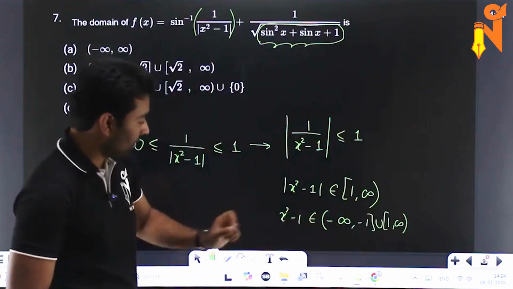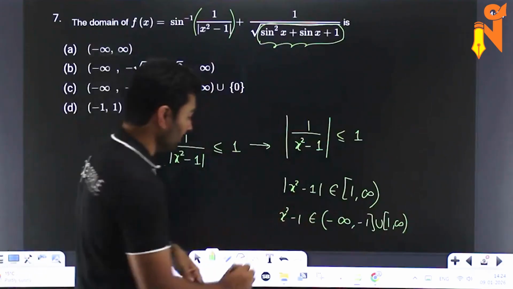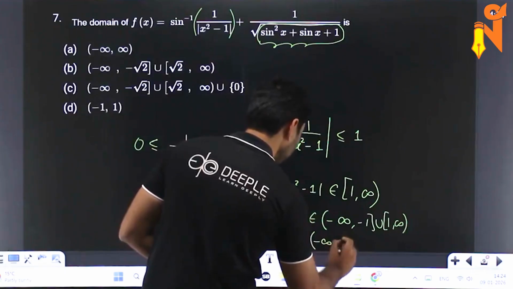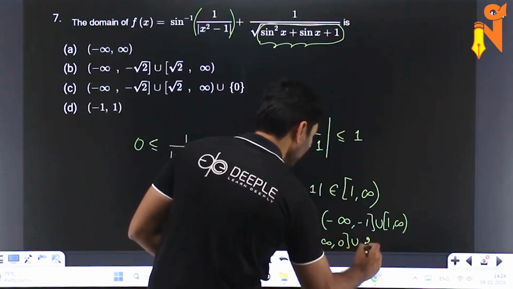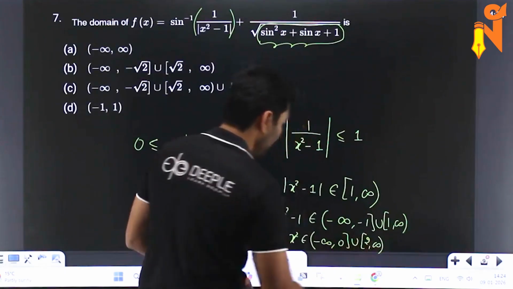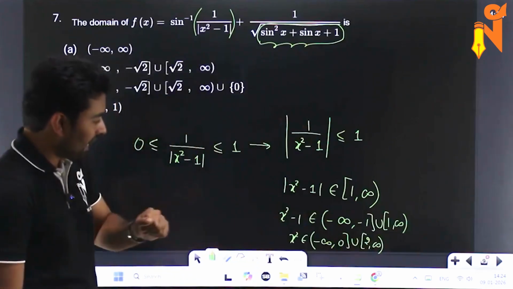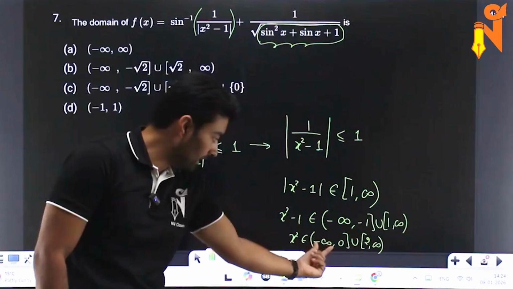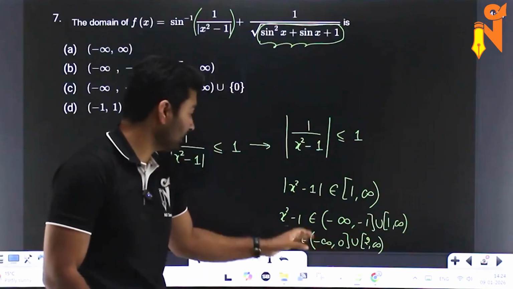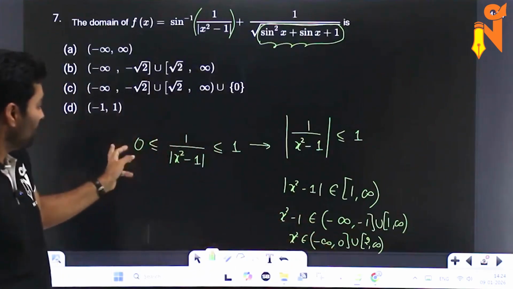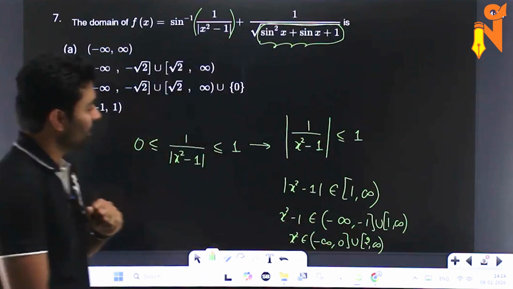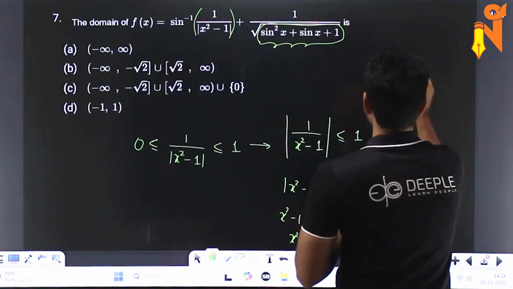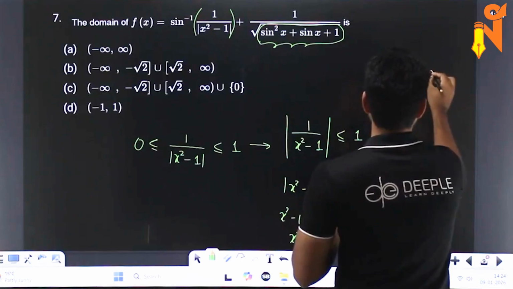Now I will add 1 to get x square only. So add 1 here: minus infinity to 0 union 2 to infinity. Now this is x square and x square can't be negative, so I will remove this negative portion. In the same way I removed minus 1 to 1 here also. So from here can I write this as x square only belongs to 2 to infinity?